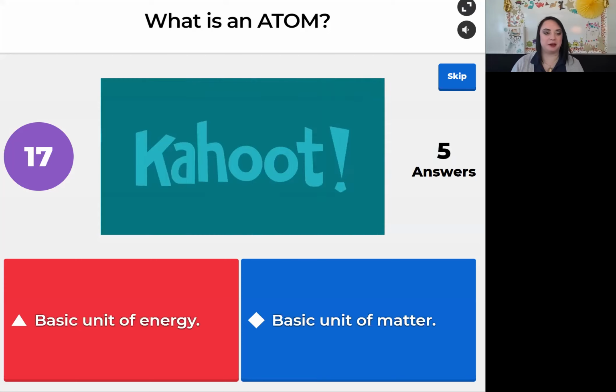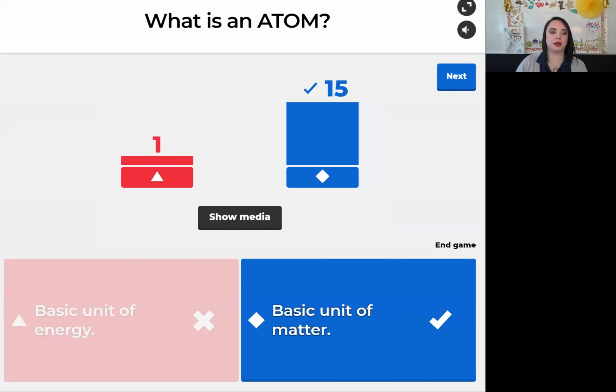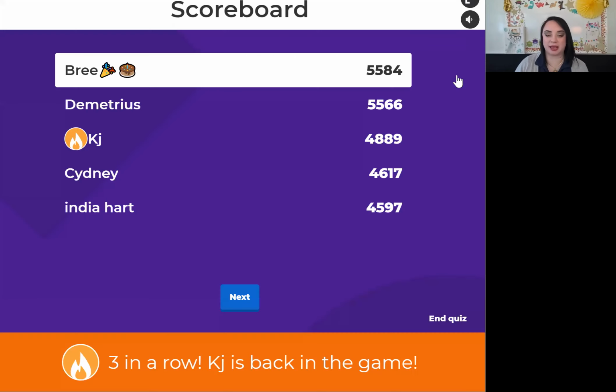What is an atom? Good. Basic unit of matter.